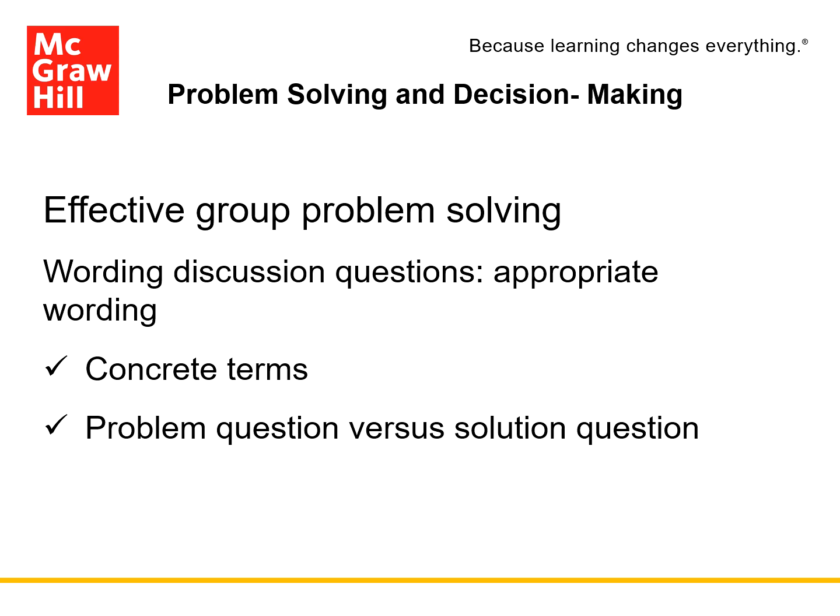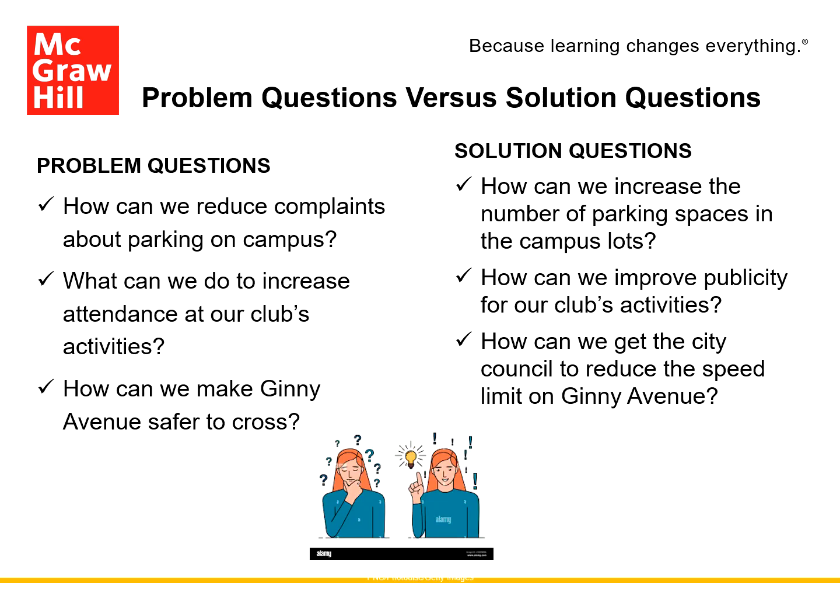Then to have effective group problem solving, you want to word things in concrete terms, not abstract terms. And then problem question versus solution question. These can be an issue. The problem question is different. The solution question is where you want to be to get the group to move along. So look at some of these problem questions. I'm going to read one of each and then you read the rest.